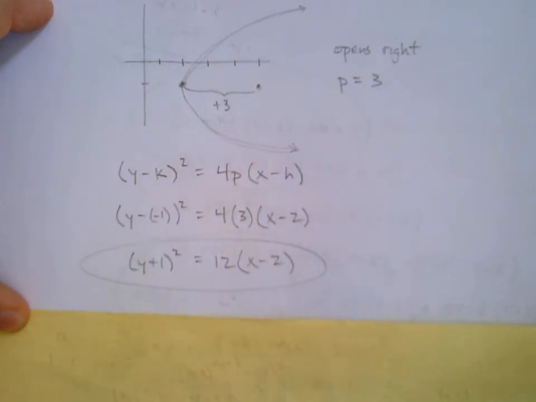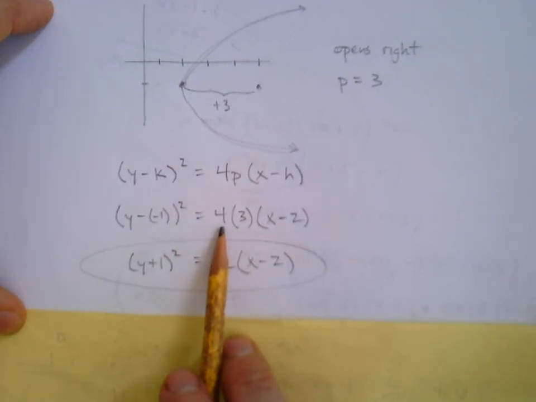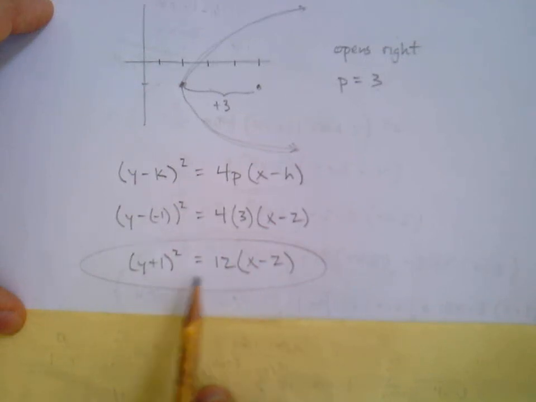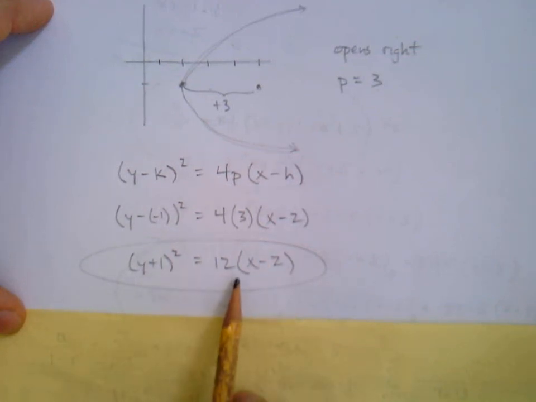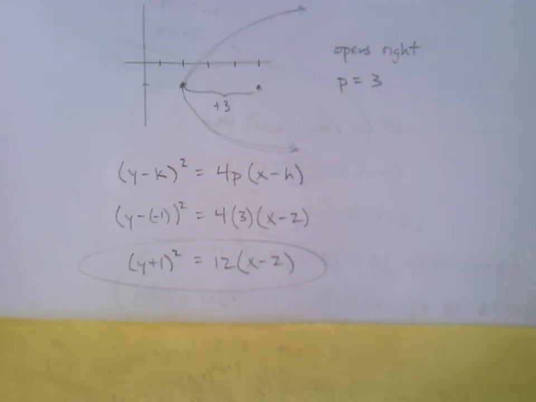Put it all in. Now notice that we just leave it in this form here. We do multiply the 4 and the 3, but we don't FOIL this and we don't distribute the 12. That's our standard form: y plus 1 quantity squared equals 12 times x minus 2. And we got it.